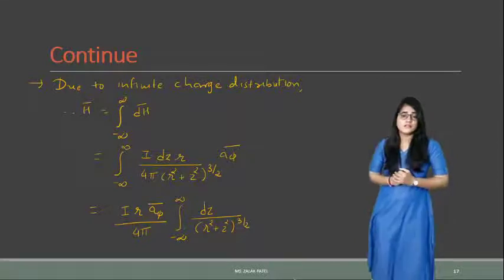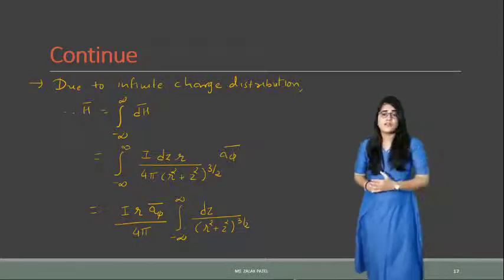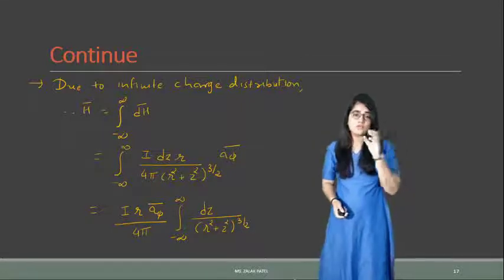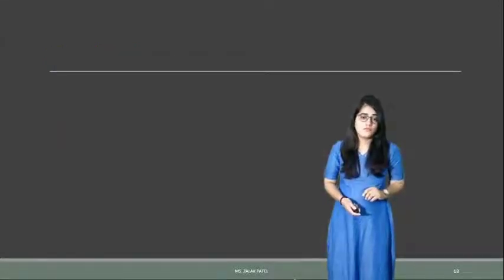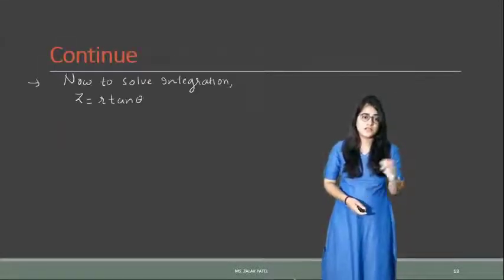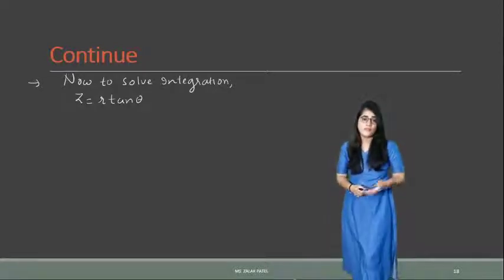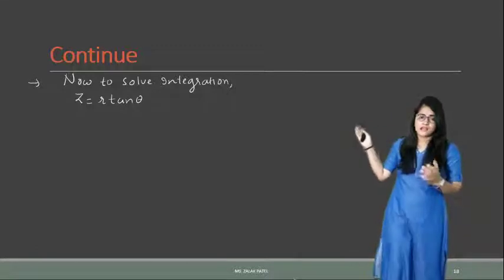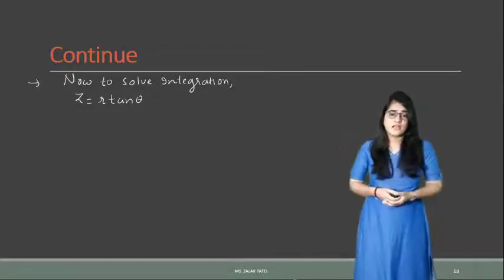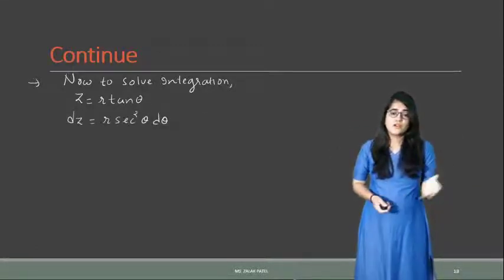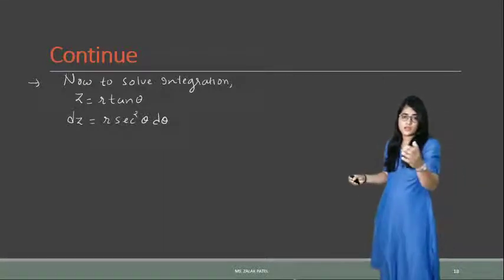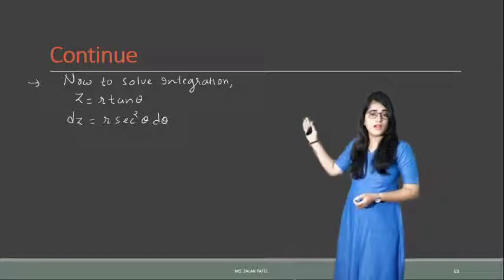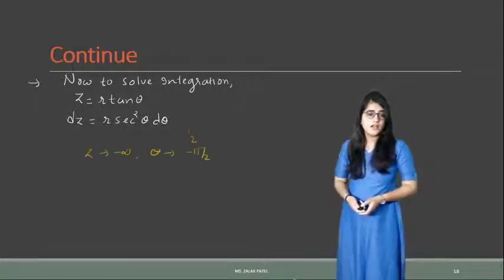Again you have to remember the case of electric field intensity due to an infinite line charge, where we supposed some value for z, that z is equal to r tan theta. You can also take z equal to r tan theta. So dz will become, differentiation of tan is sec square, r sec square theta d theta.